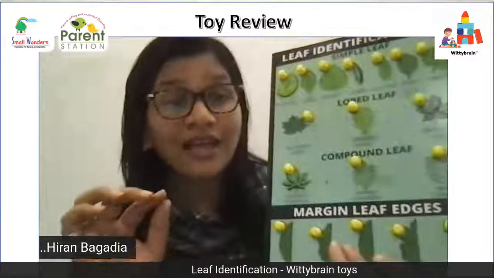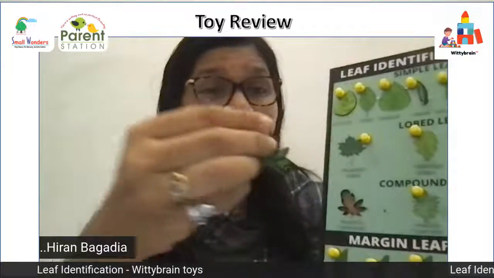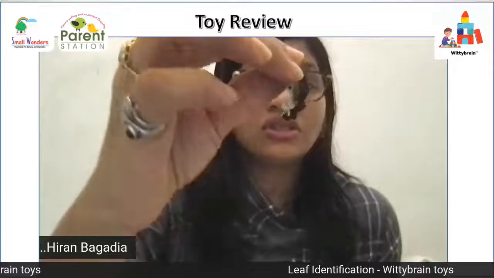Now see, for the children, it becomes so easy. Anything that you give to children as multi-sensory becomes easier for them to understand. It is not only that they are listening and seeing it, but over here they are actually feeling the shape of the leaf. They're able to understand what the shape of the leaf is.